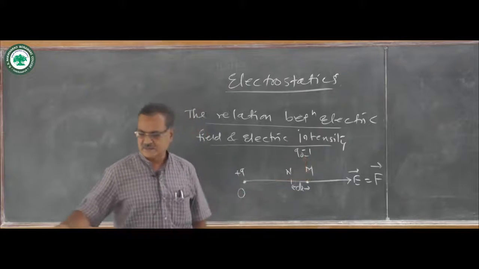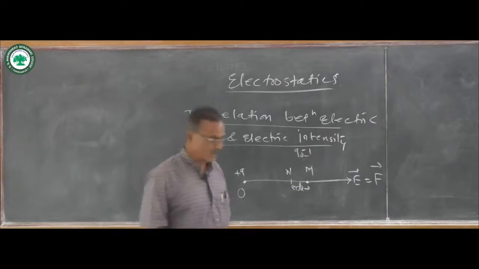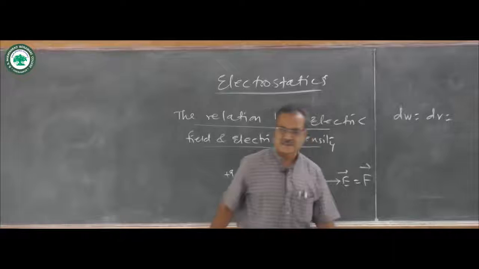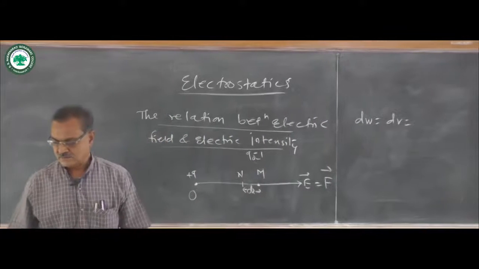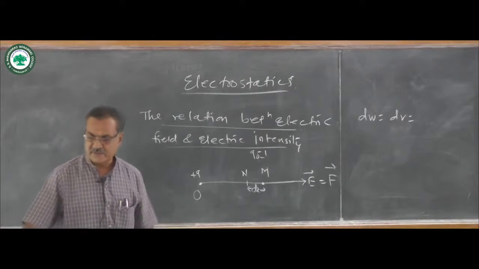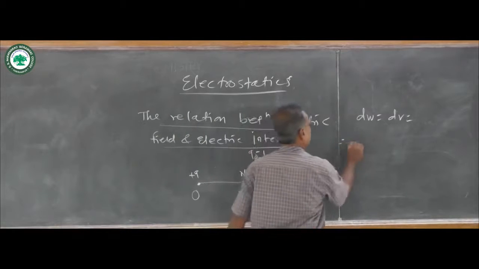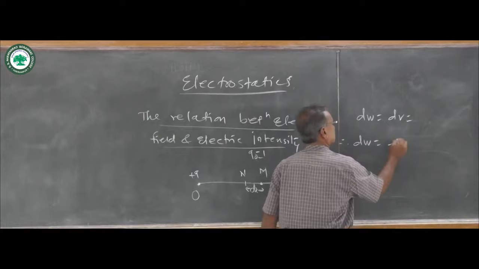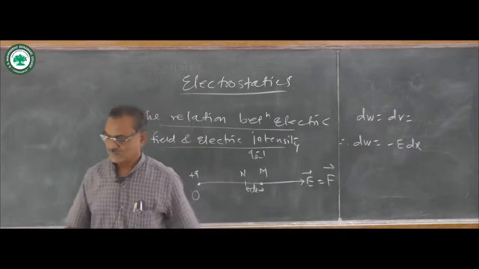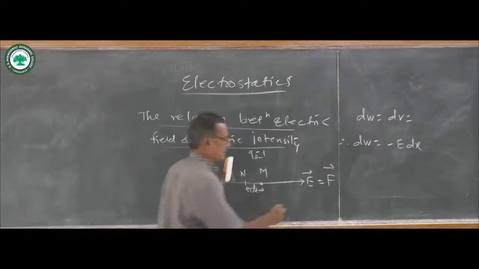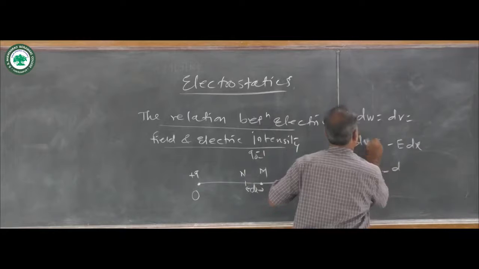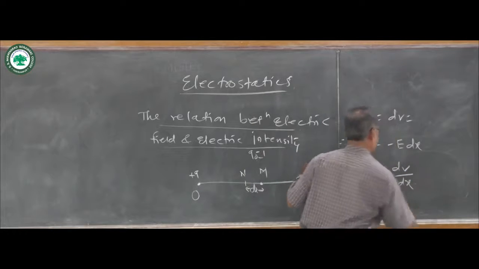So therefore, the work done dW is equal to dV, that is the change in potentials between point M and N, or the difference in potentials of points M and N. So therefore, dW is equal to minus E into dx, or we can change the terms: E equal minus dV by dx.